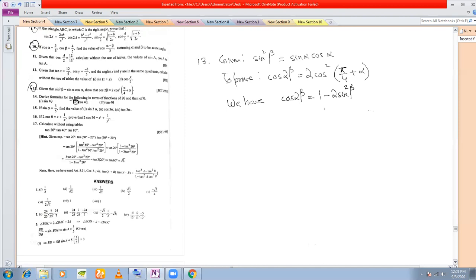So 1 minus 2 sine square beta. So you can start from this. So here I have 1 minus 2 sine alpha cos alpha. Okay. Now this 1 minus 2 sine alpha cos alpha, I need to show that this is nothing but 2 cos square pi by 4 plus alpha. So let's see how to show this.